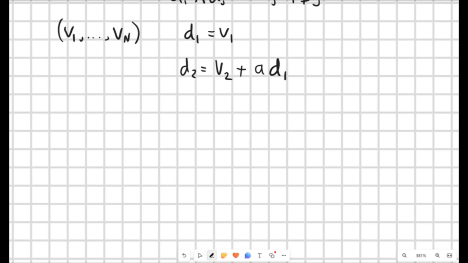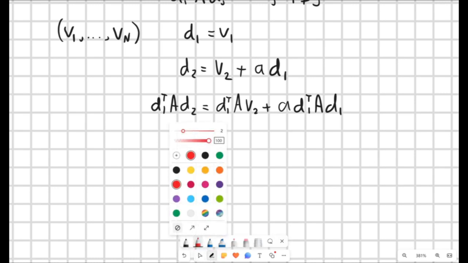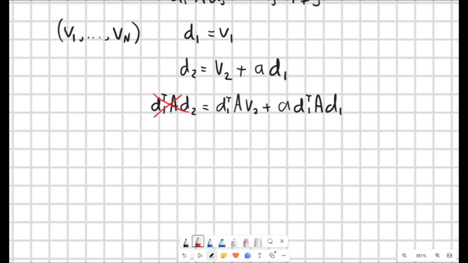So I'm going to pre-multiply by D1 transposed A, giving D1 transposed A D2. Then we enforce that this thing is A orthogonal, so this term here is going to be equal to 0.